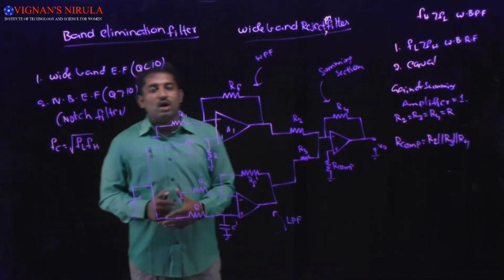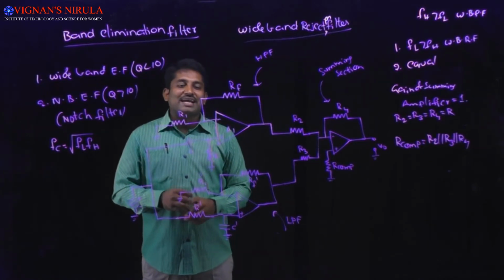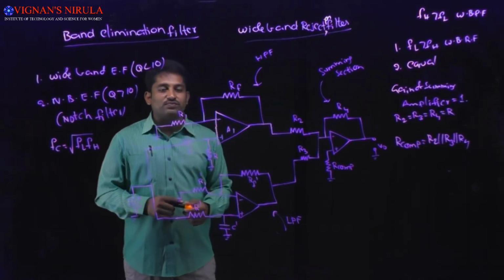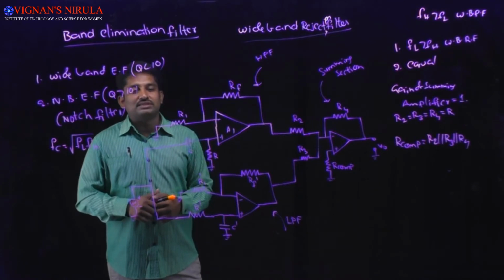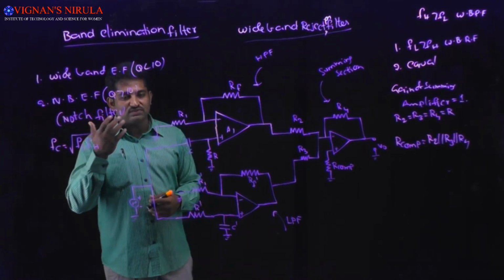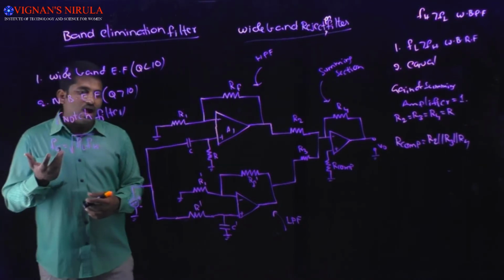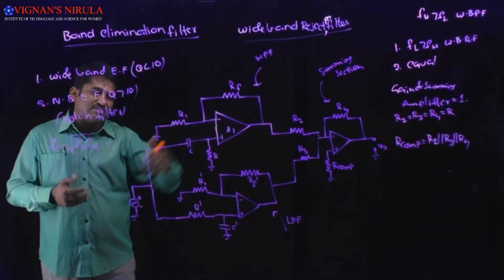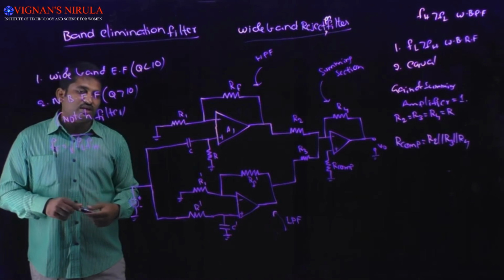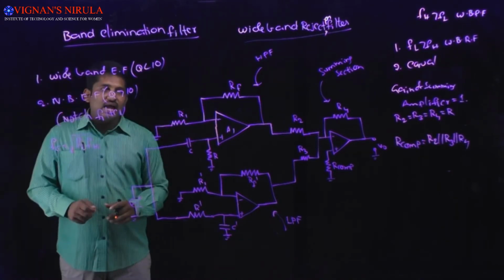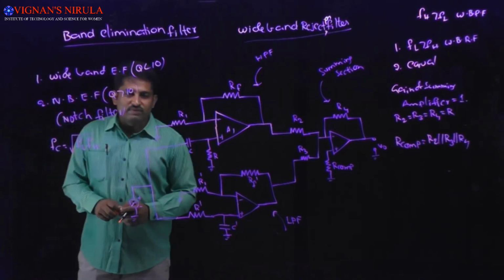Similarly, if you want to generate the second order wideband rejection filter, then you have to consider both the high pass and low pass sections to be of second order type, and the outputs are applied to the summing amplifier as before. In that case also I want to represent the frequency response.